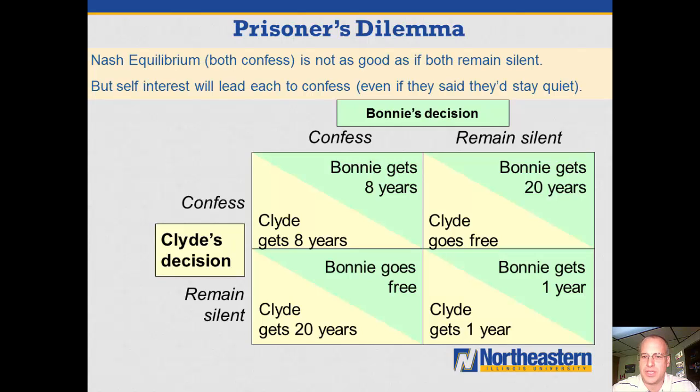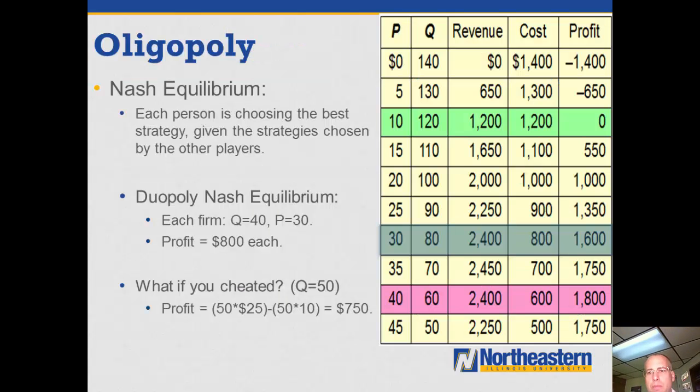What we wind up with in the prisoner's dilemma is that it's in each of their self-interests to do something that would be different than what they would have done if they were able to cooperate on remaining silent. Okay, now I want to describe what we mean by a Nash equilibrium. A Nash equilibrium occurs when each person is choosing its optimal strategy given the strategies chosen by the other players. That is, as long as everybody else is playing their given strategy, nobody wants to change their mind.